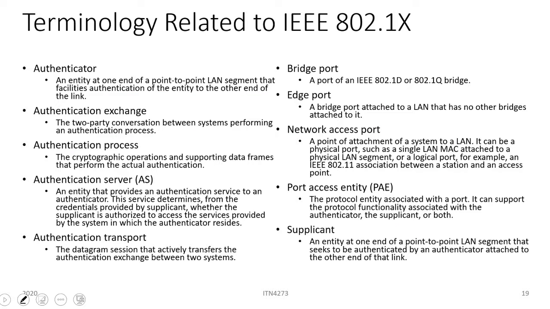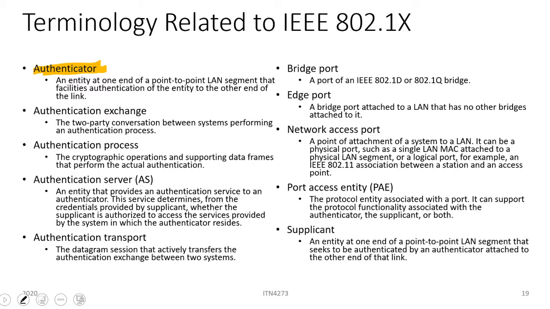So again, when we think about 802.1x, there are key concepts that we would have here. The authenticator is the entity that is going to facilitate the authentication part, and then we would have the authentication exchange between the two parties that need to do the authentication.